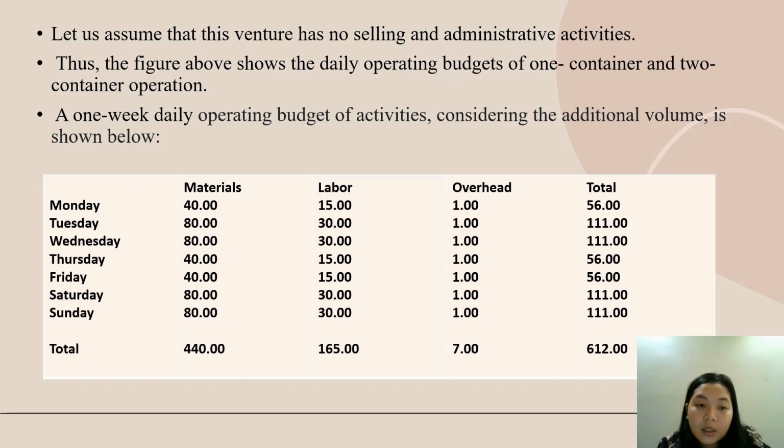So from Monday, the materials is 40 pesos, labor is 15 pesos, overhead 1 peso, so equivalent to 56 pesos. So it accumulates. So 1 container on Monday. On Tuesday, Wednesday, 2 containers. Thursday, Friday, 1 container.